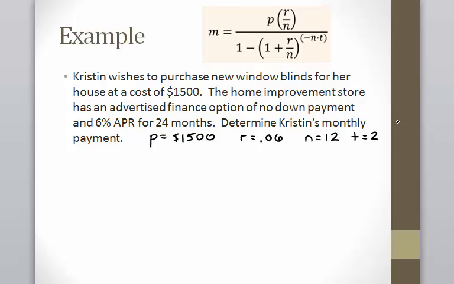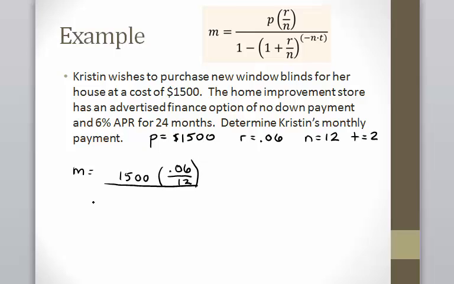So let's take our formula and plug the numbers in the correct positions and then we'll work it out. So we'll have M is equal to, and in the numerator we're going to have the P value, which is 1,500. And we're going to multiply by the R value, 0.06, divided by N, so divided by 12.